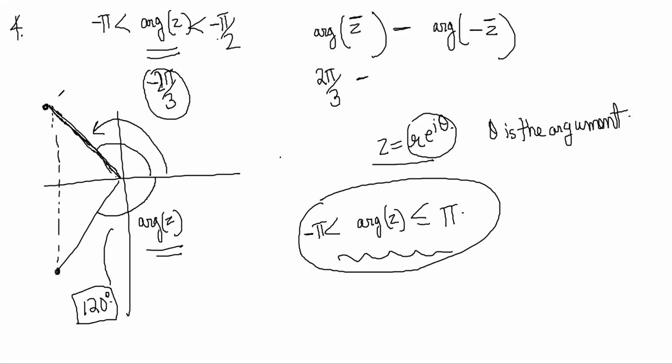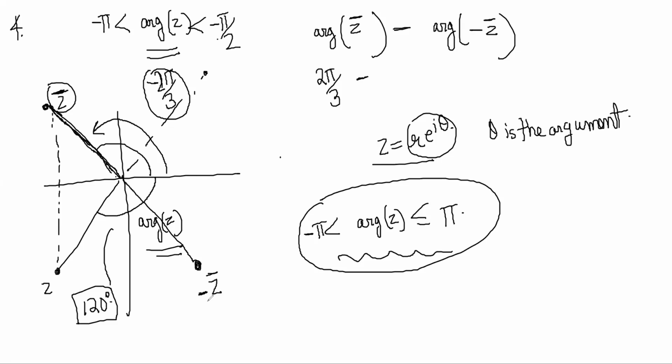So this is my z conjugate, and this is my z. Minus z is a reflection about the origin. No, minus z conjugate. Minus z conjugate was here, so reflection about the origin would be here, in the fourth quadrant. So this is minus z conjugate.